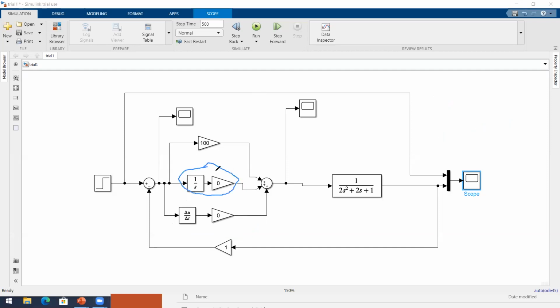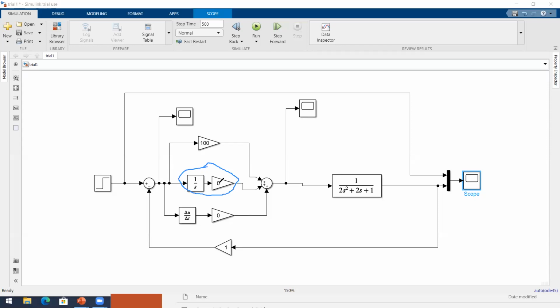What is the inverse Laplace of 1 by s? It will be an integral. The integral in the time domain is 1 by s in the s domain. So what it does is it integrates all the errors and multiplies with the gain over here.